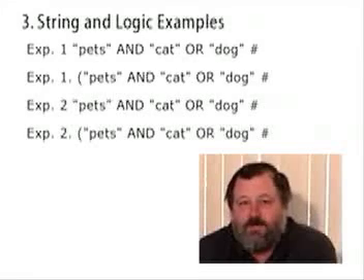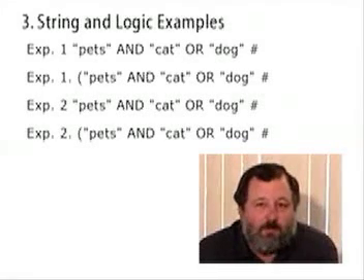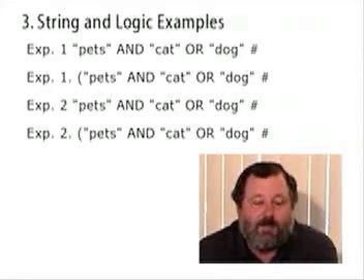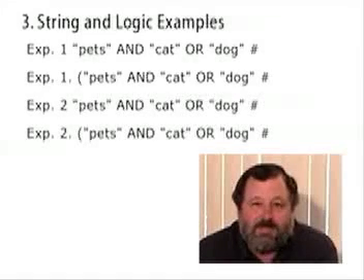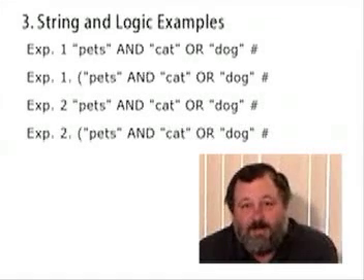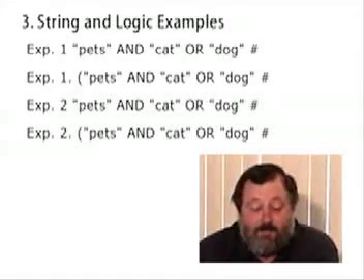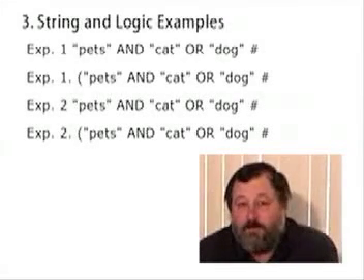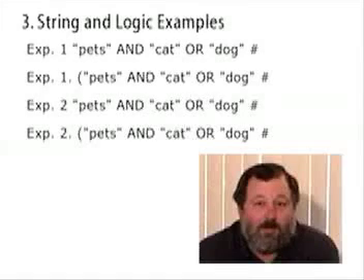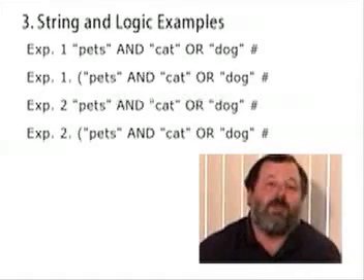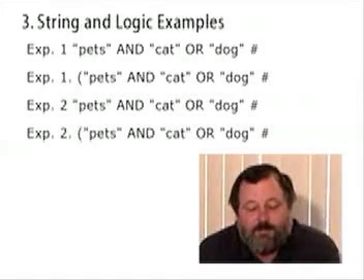As we go through CVDL, for each operator, we'll show simple examples of using it. In this case, the first example is a VDL whose name is EX1, and the VDL says pets and cat or dog. So it uses the and or logical operators and also contains patterns using strings.